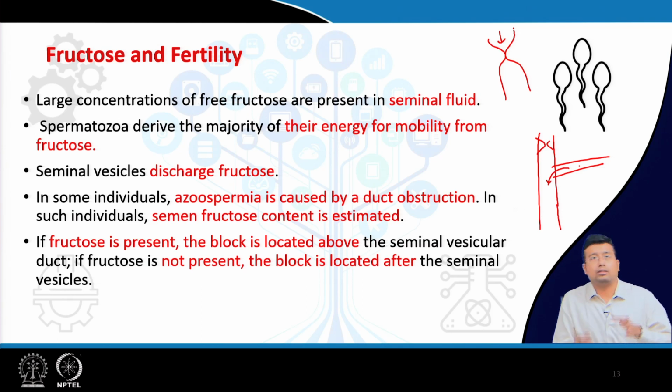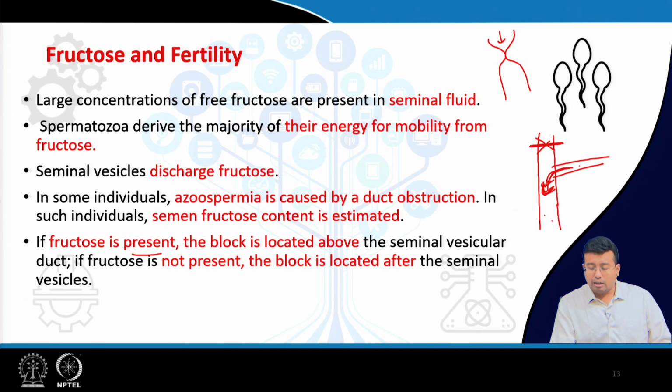the semen fructose content is estimated. Okay. So, how can we get an idea whether the block is present above or below? See, if fructose is present, the block is located above. So, if there is a block above the seminal vesicle, the fructose is actually coming from seminal vesicle, right.